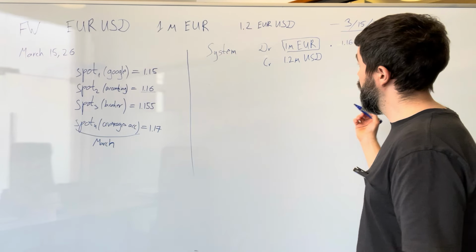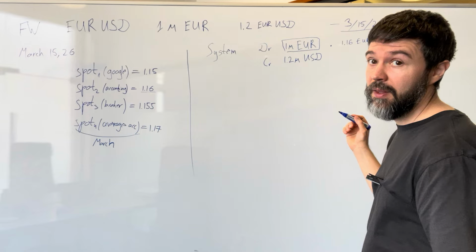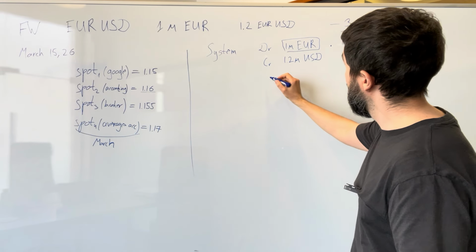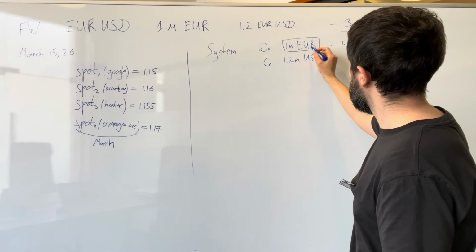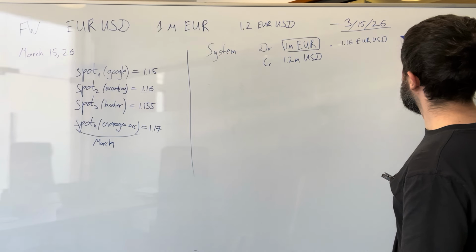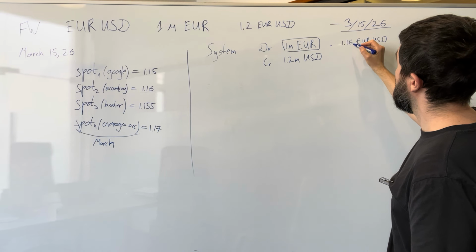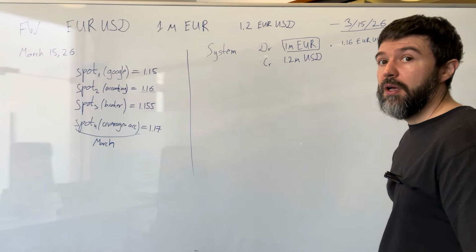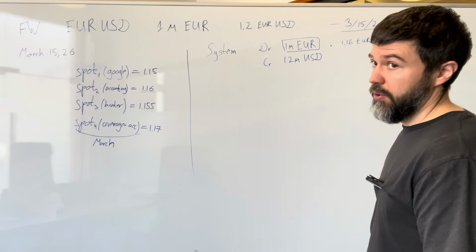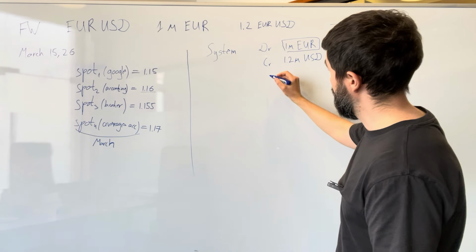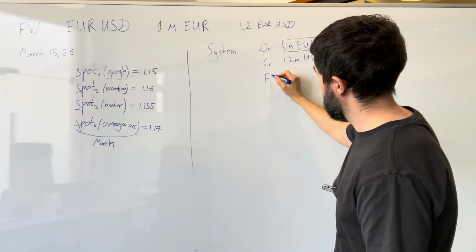What does it mean for us? It means that here is going to be 1,160,000. Where does the difference go? Correct. It goes automatically to FX.